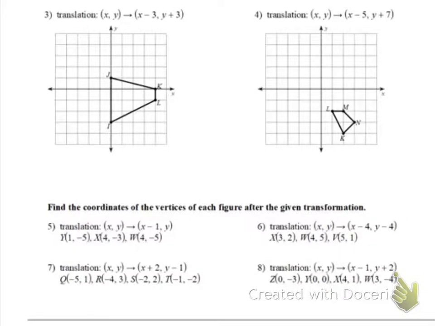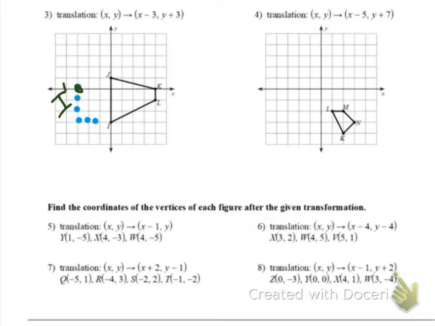Alright, so let's do this a couple more times. So every x point goes 3 units to the left, x minus 3, and y plus 3. So I is going to go x minus 3, 1, 2, 3, and y plus 3, I'm sorry, right there. So my new I point, I prime, is right there.